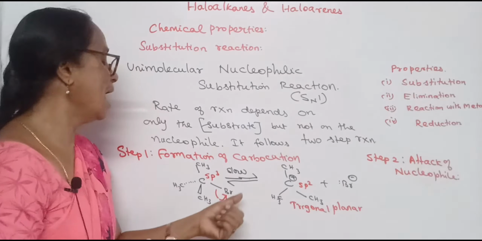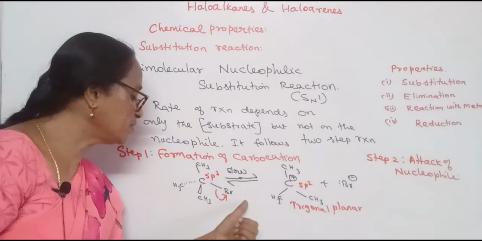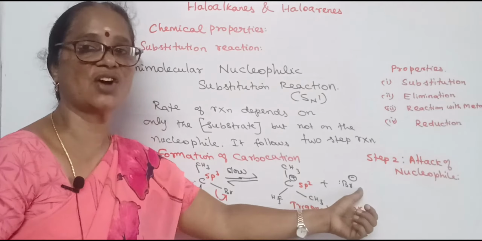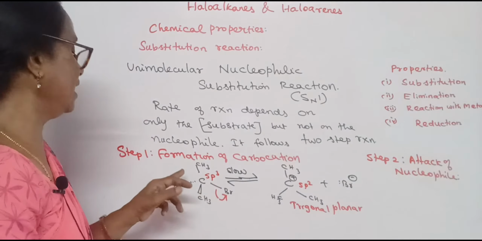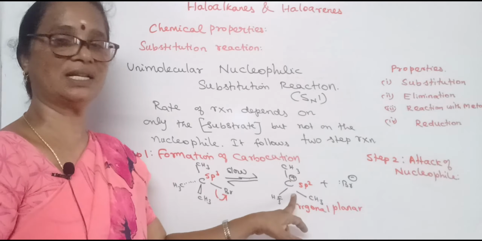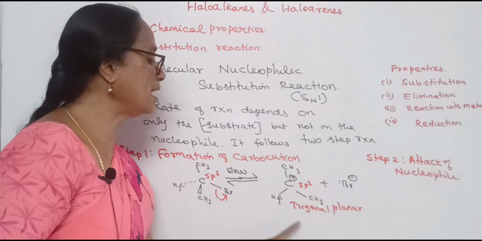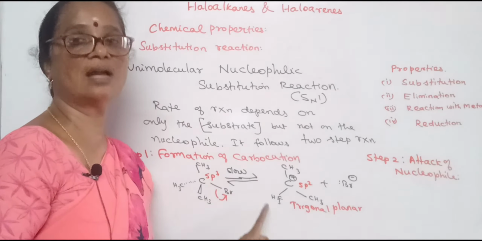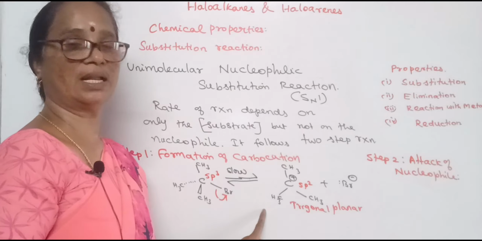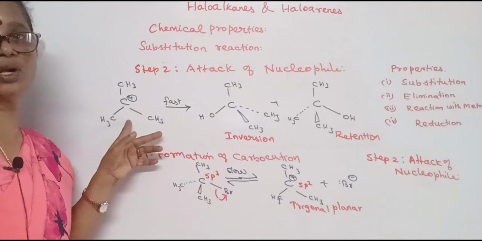In this case, as it is the slowest step, the bromide ion leaves away with its shared pair of electrons, and hence the sp3 hybridized carbon is turned into the sp2 hybridized carbon of the carbocation, and the carbocation is a tertiary carbocation, a more stable carbocation. The second step is attack of the nucleophile on the carbocation.